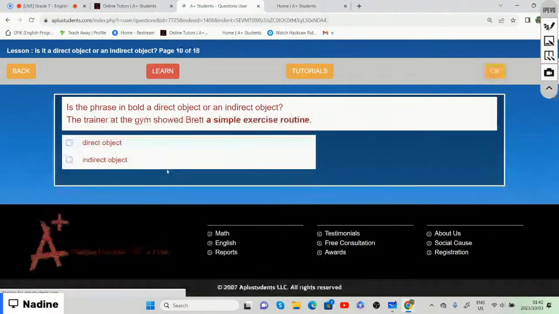All right. Now we're going to do one more. The trainer at the gym showed Britt a simple exercise routine. Is this a simple exercise routine a direct object or an indirect object?